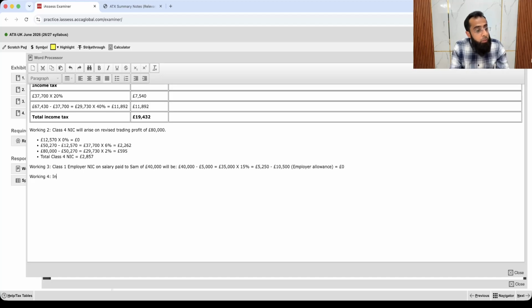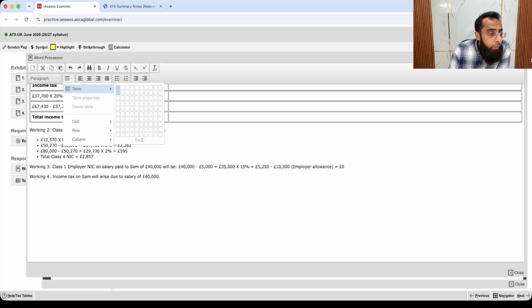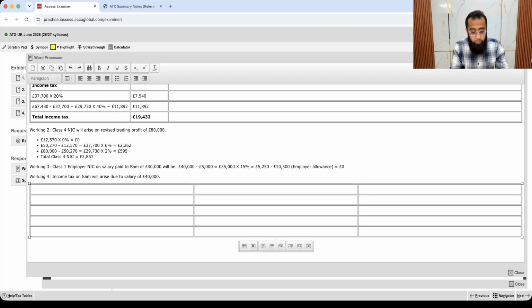Working 4. Income tax on Sam will arise due to salary of £40,000. Now how much will be that income tax? Let's look at that. Salary of Sam 40,000. No other income is given.